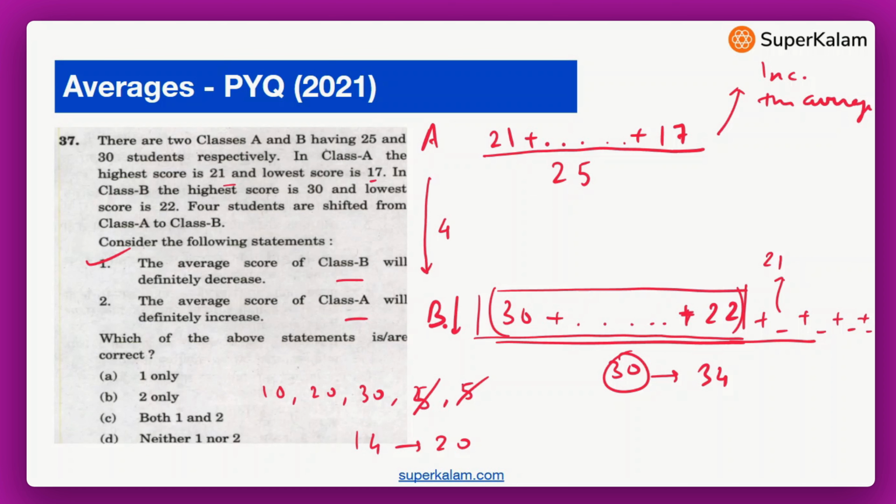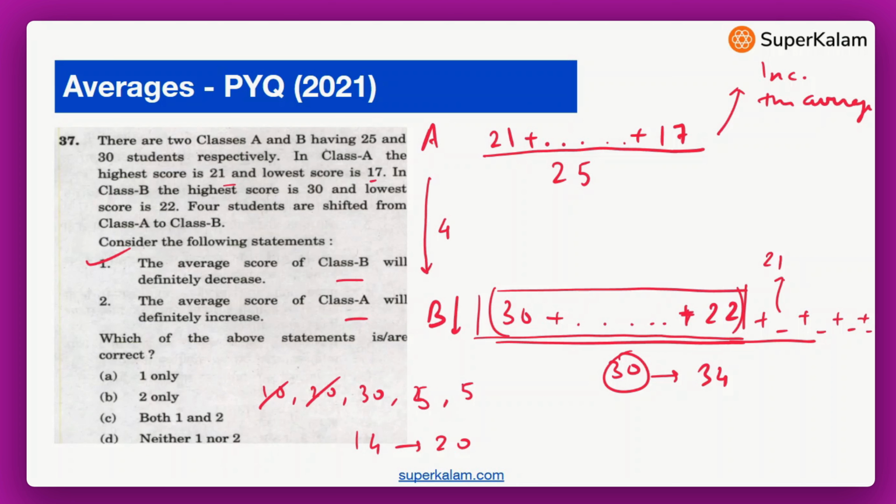But in the second scenario, let's say we don't remove the lower ones, we remove 10 and 20 here. Then what will happen to the average? It will decrease.